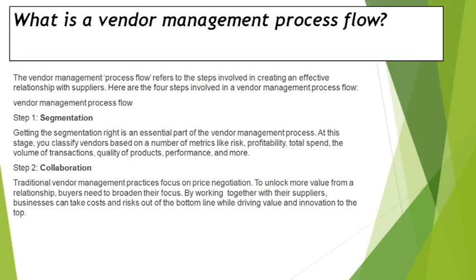Step 2 is collaboration. Traditional vendor management practices focus on price negotiation. To unlock more value from a relationship, buyers need to broaden their focus. By working together with their suppliers, businesses can take costs and risks out of the bottom line while driving value and innovation to the top.